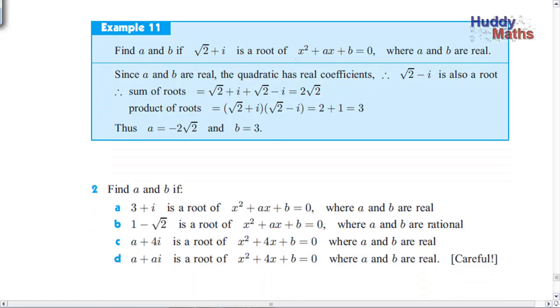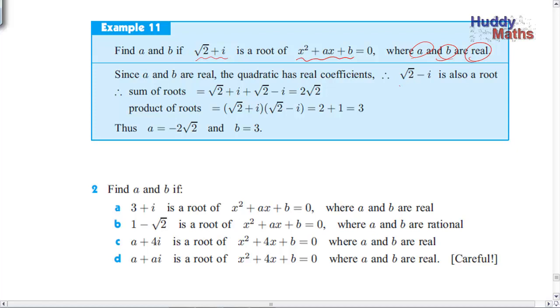Now, missing coefficients, we can go backwards and find them in this way. Find A and B if root 2 plus i is a root, where A and B are real. This is crucial. So how can you have a complex root of a real quadratic equation? Its conjugate must also be a root.